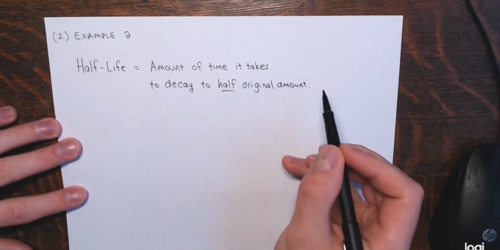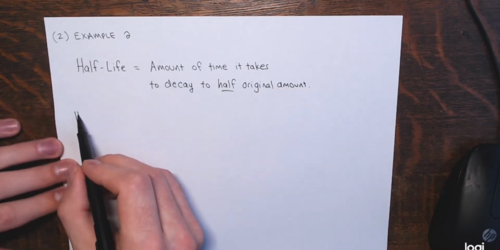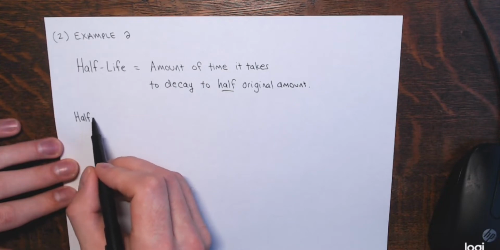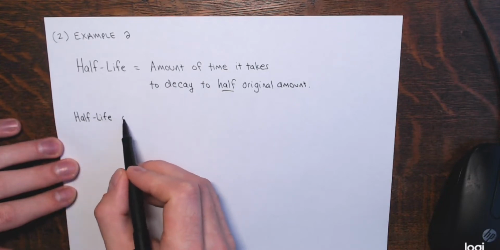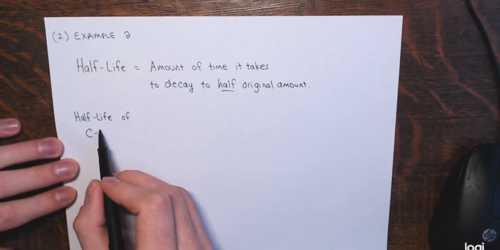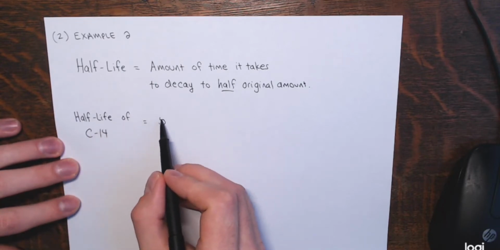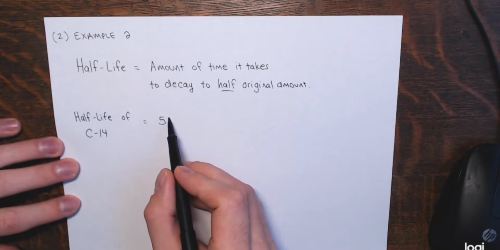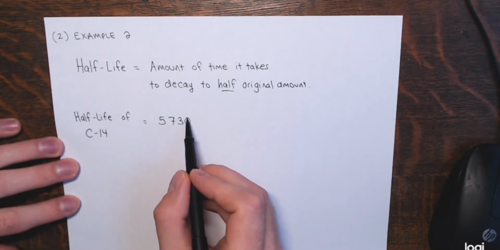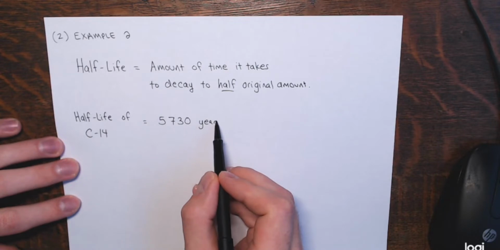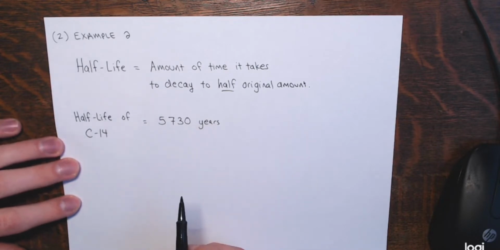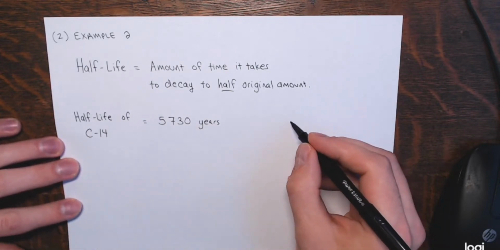Alright, so they're saying here, the half-life of carbon-14 is 5,730 years. So now my time is going to be in years. Now the model we're using is still the same model, right?